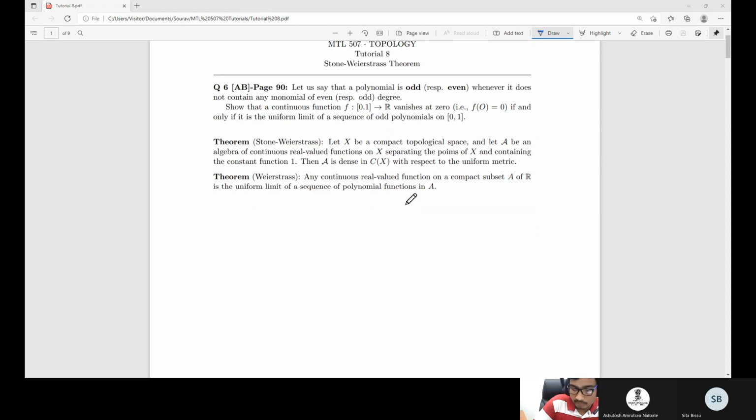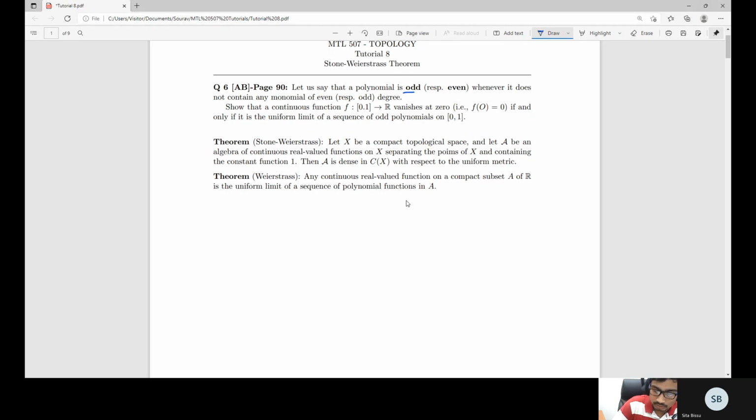So the first problem was question number 6 from page number 90, of course the book by Simmons and Birkinshaw. It tells that a polynomial is odd or even. So you have a polynomial p(x). A polynomial is of the form a0 plus a1x plus up to plus an x to the power n, right?